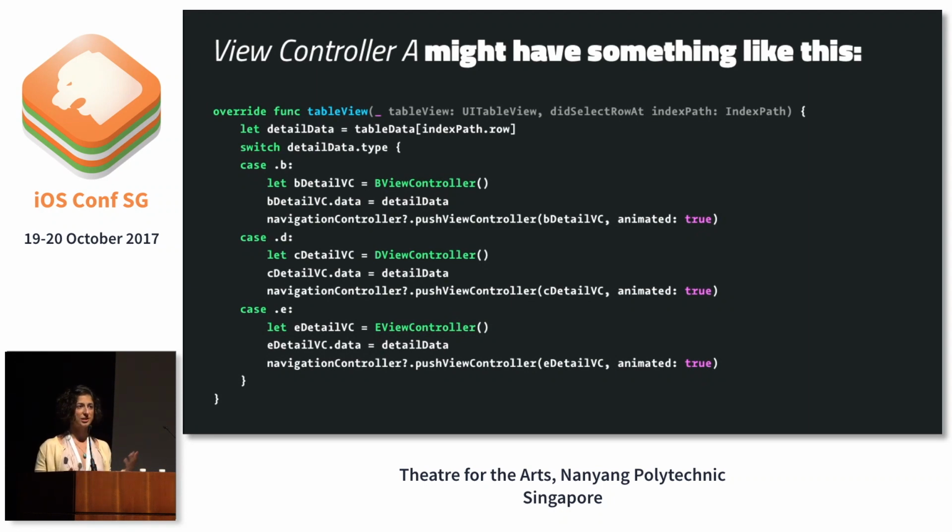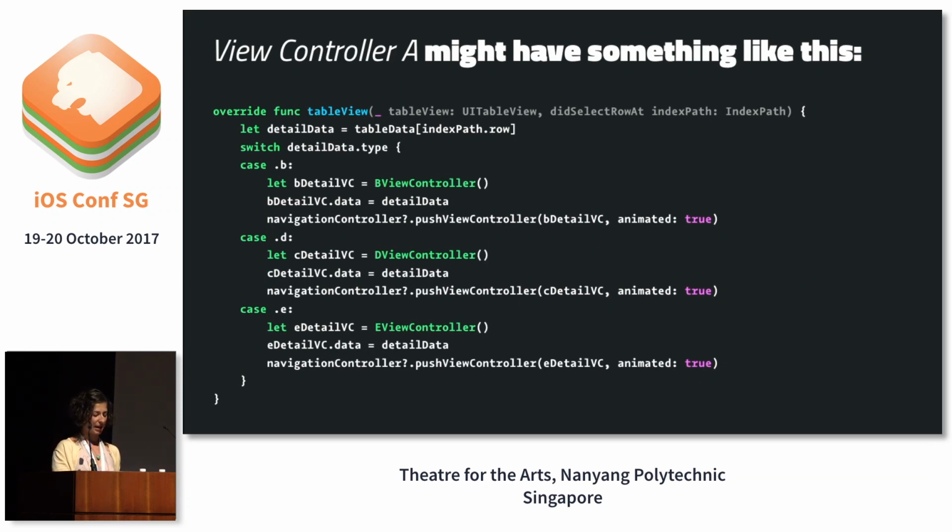And really, it's just the same thing we had before, but now we see it 3 times. 3 times we're getting our data, we're setting it on the correct view controller based on the type of the data, and then we're sending it back to that navigation controller and pushing it on the stack. So what's kind of weird here is that ViewControllerA didn't actually change. It's still displaying essentially the same kind of data, but all of a sudden it's bloated out because of where it can go.